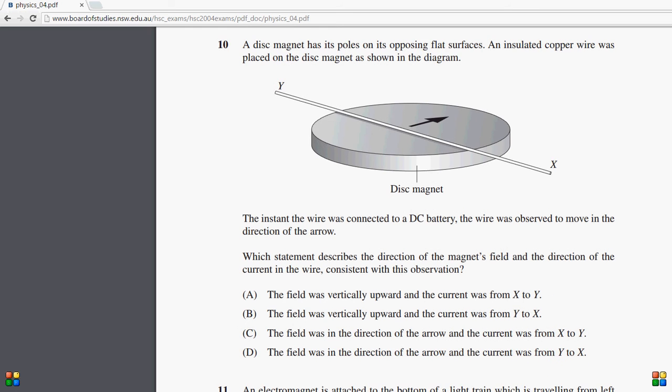So our palm points in that direction. So current has to go from X to Y. That's what happens when we apply the right hand rule, and then our fingers point vertically upward. So the answer would be A.